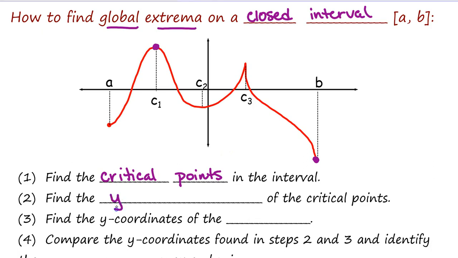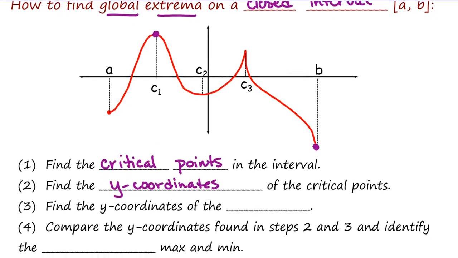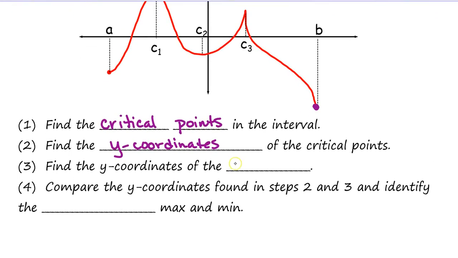Number 2, find the y coordinates of those critical points. Number 3, find the y coordinates of the endpoints also, because those are candidates to be absolute extrema. Number 4, compare those y coordinates that you found in steps 2 and 3 and identify the absolute max and min.